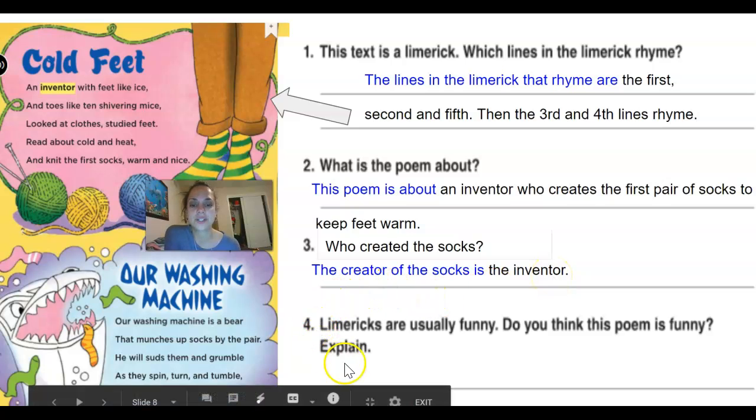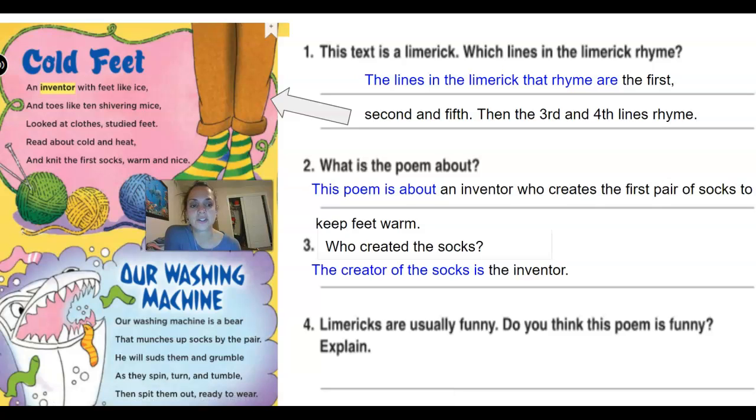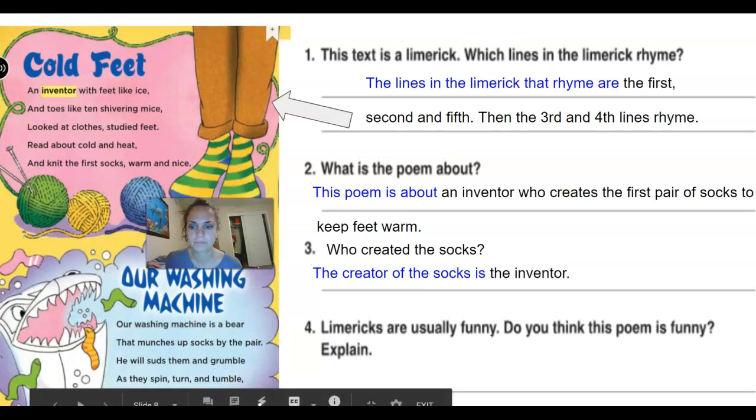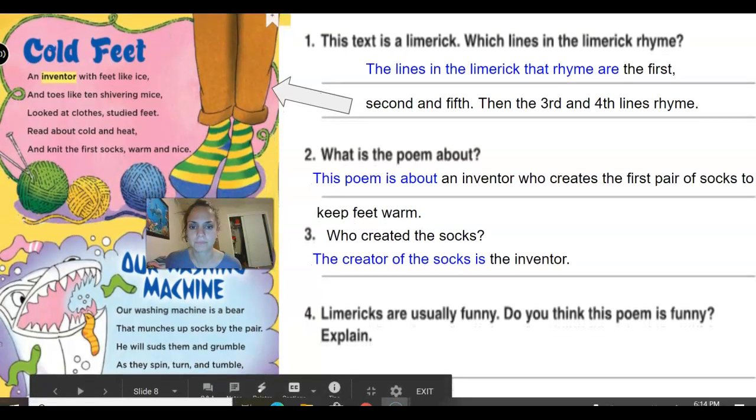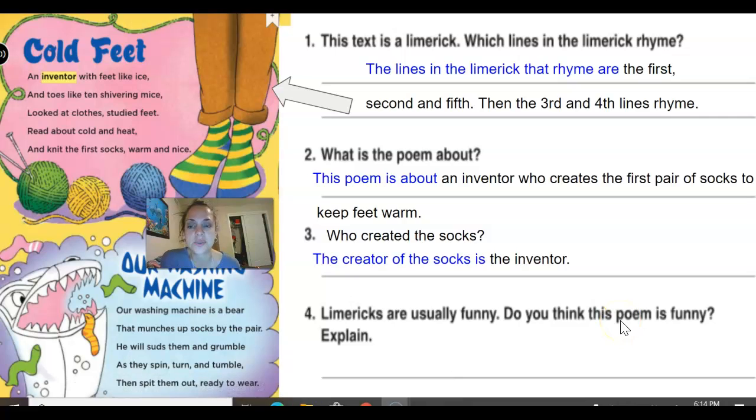And our last question, limericks are usually funny. Do you think this poem is funny? Explain. Okay, so I have to find my question word. My question word is do. So I'm going to cross that off. And I'm going to think, how can I start this? How can I restate this question so that I'm forming a complete sentence?